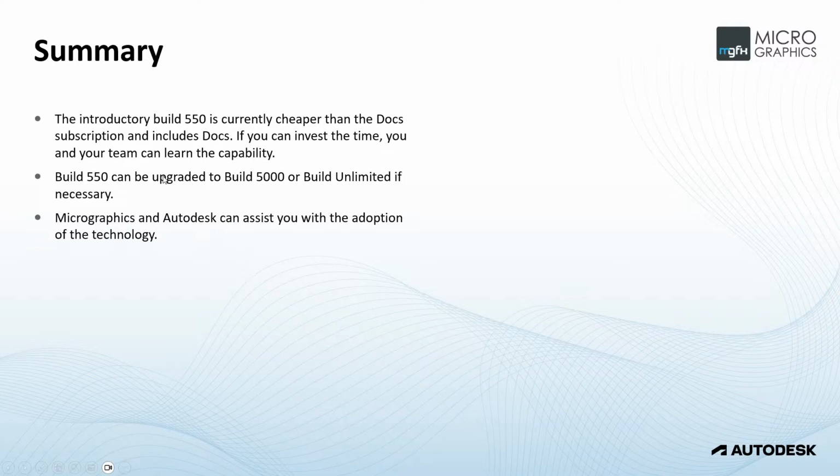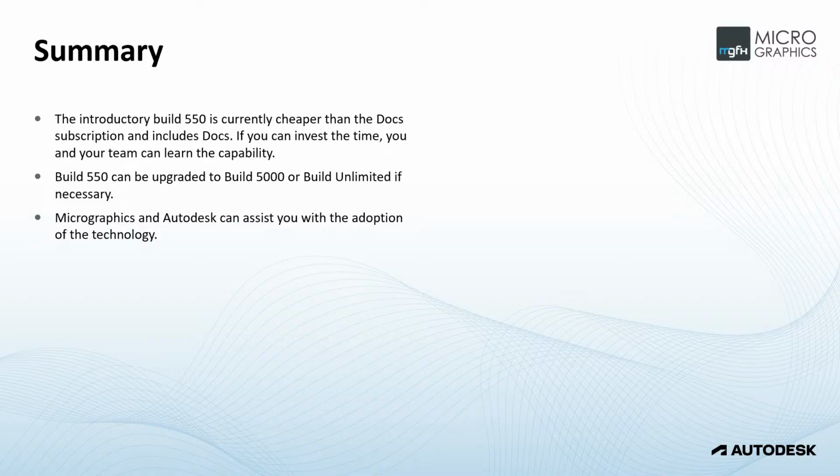As a summary, you've never had a better chance to adopt this technology. Currently, the entry-level Build license is coming in cheaper than a Docs license. I know many of you have an AEC collection, but otherwise you'd have to purchase a license of Build over and above. If you only have a Docs license, or you're only going to purchase a Docs license, then just get yourself a Build 550.